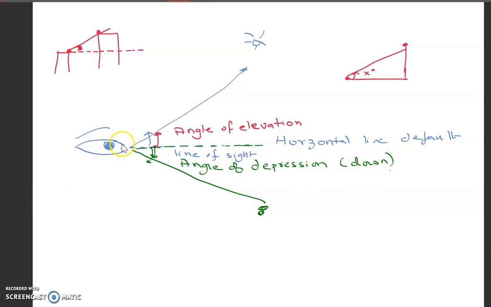Most of the time this angle is outside of our diagram. For example, say now you're sitting on top of the tree. It could be a bird, right? And it's looking at the dog sitting down here. The bird's line of sight is this straight line, and it will turn down to look at the dog.